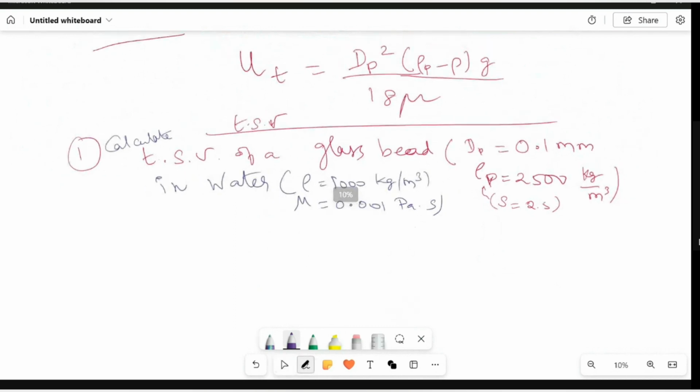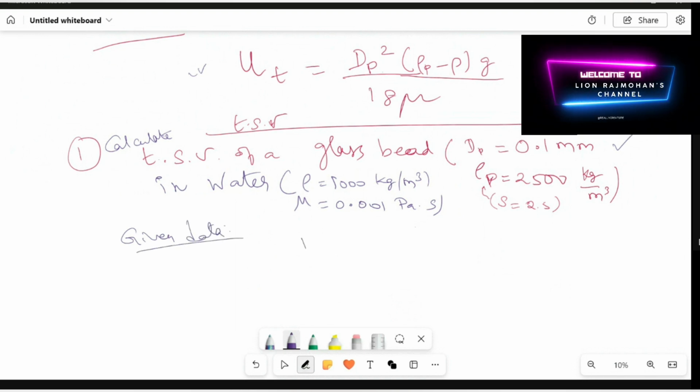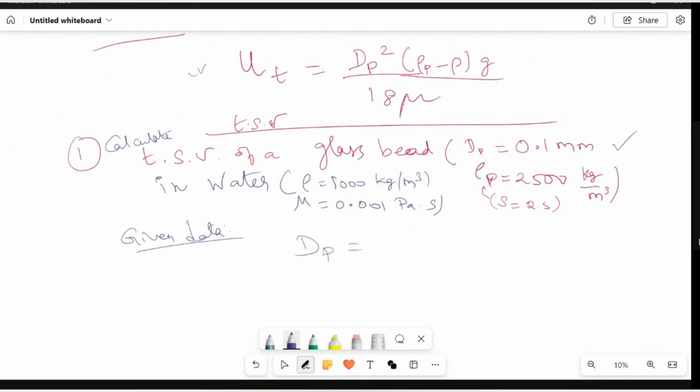So how to solve this? We have this straightforward equation. First, let us write the given data in SI units. Diameter of the particle is 0.1 into 10 power minus 3 meters.